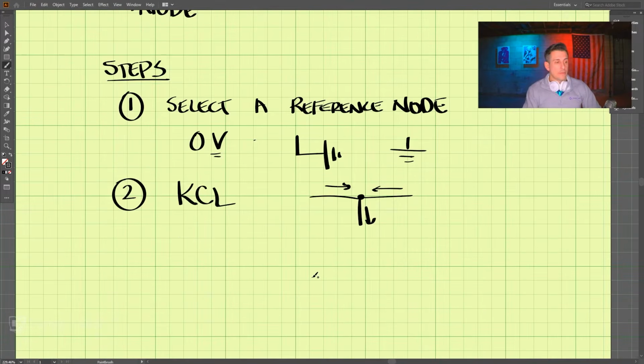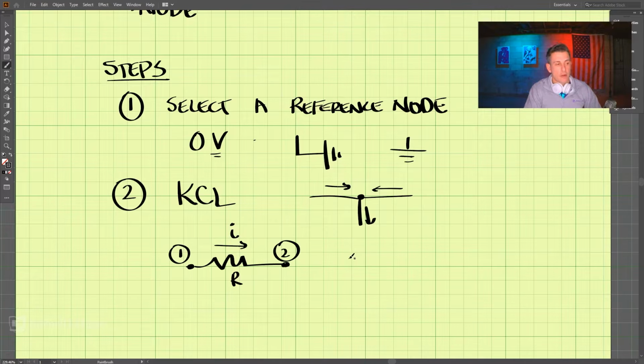A lot of times we need to figure out if we have a resistor here, and let's say we have 1 here and 2 here, and we have a resistance R. If we want to figure out the current I, we can use Ohm's law. Ohm's law, remember, is V equals I times R.